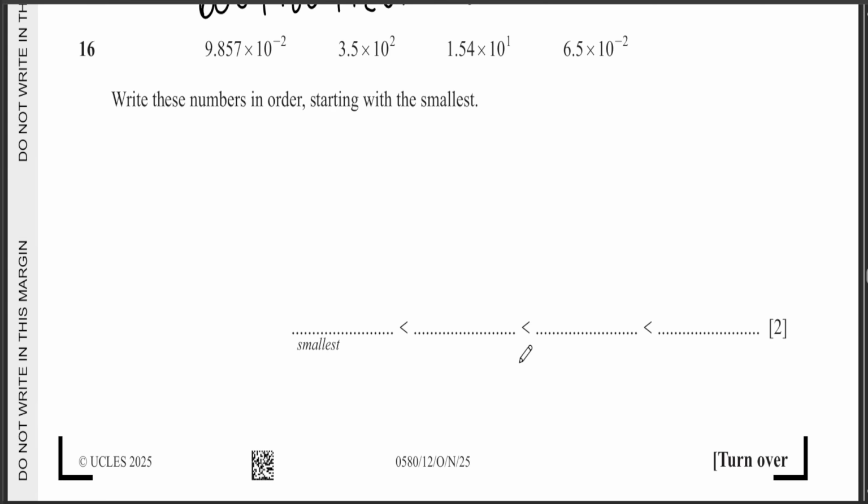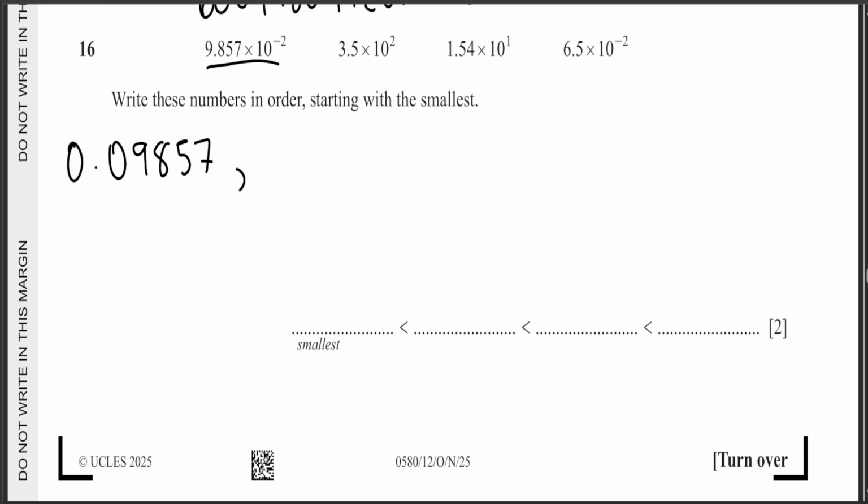Now, this one is a question. Write these numbers in order, starting with the smallest. Very, very easy. Now let's see this one. How do you write this in expanded form? So 9.857 times 10 to the power of negative 2 is written as 0.09857.